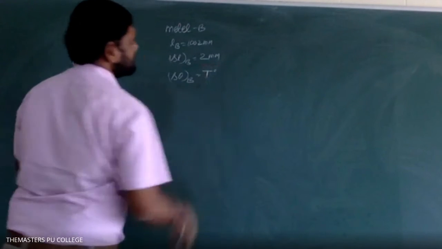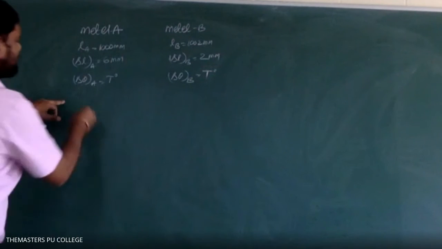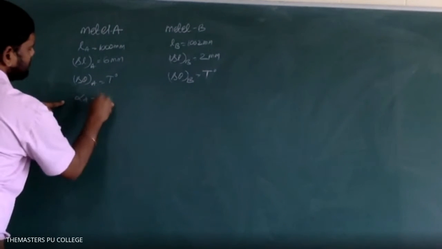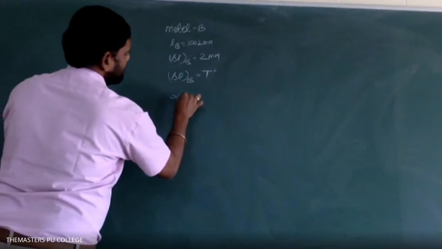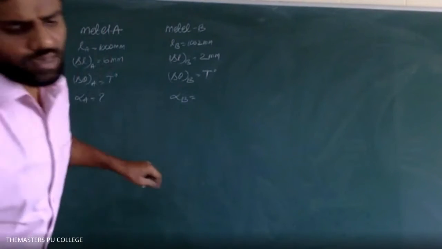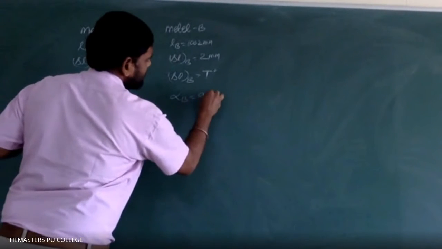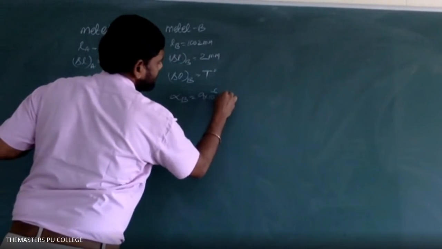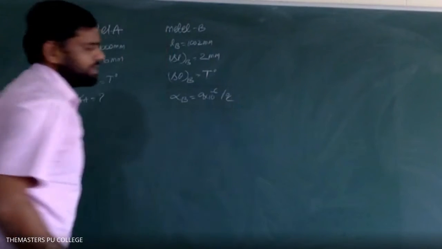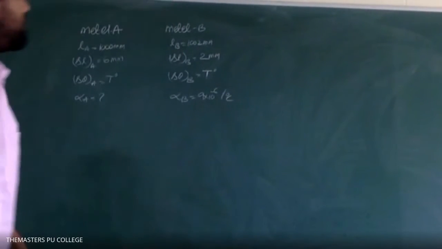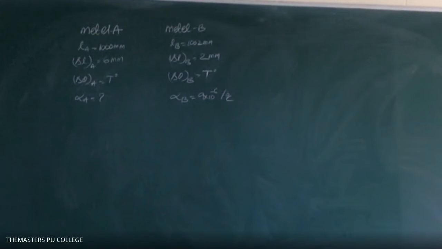Both are for the same range of temperature. Here alpha A we don't know, and alpha B we have to calculate. The alpha B value they have given is 9 into 10 power minus 6 per degree centigrade.